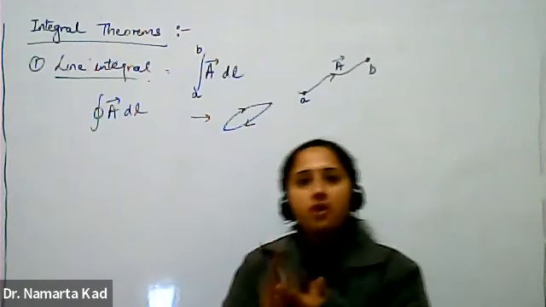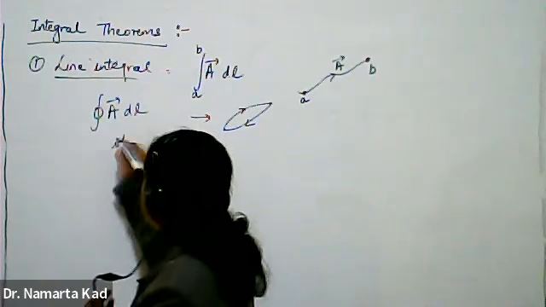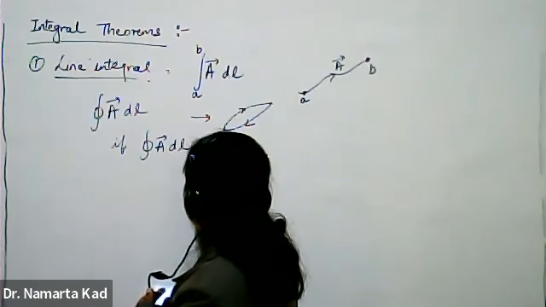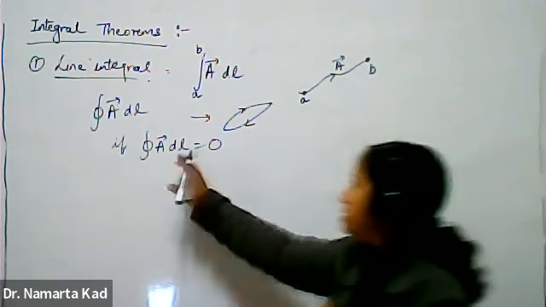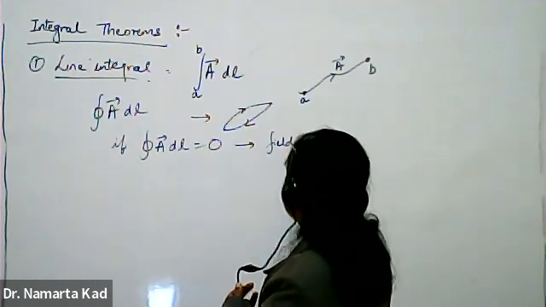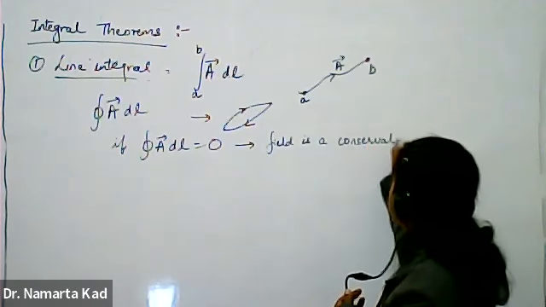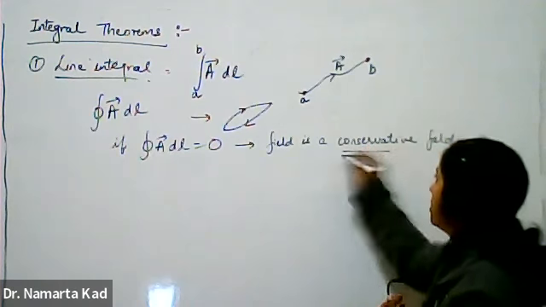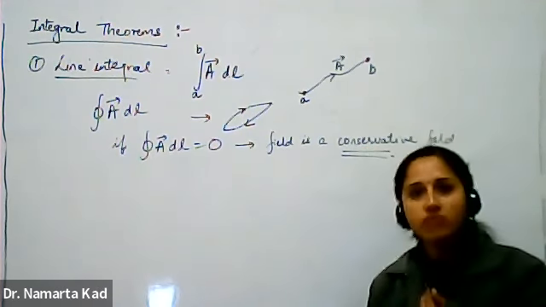And for any vector, if this closed-curve integral of A dot dl is equal to 0, then we call that field a conservative field.